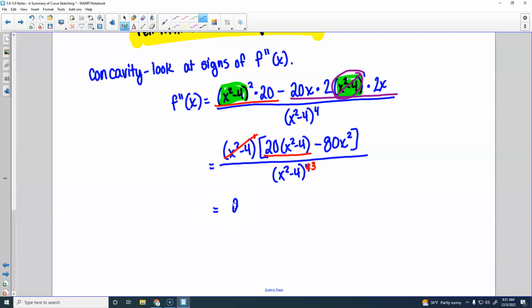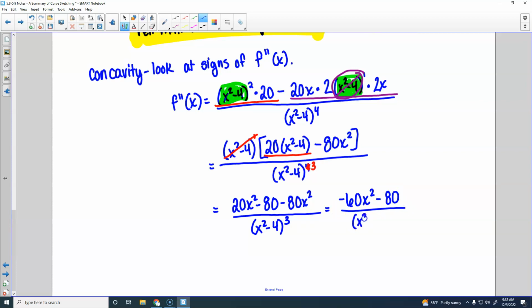And so that's going to give us 20 times x squared minus 4, minus 80x squared, over x squared minus 4 to the third power, which would be negative 60x squared minus 80 over x squared minus 4 to the third power.